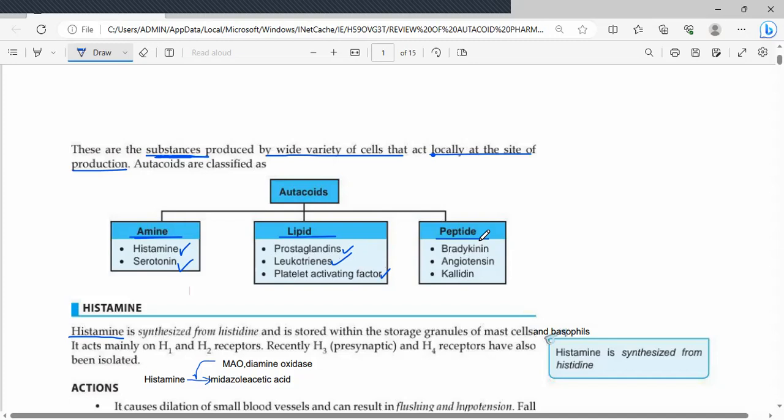They can either be vasoconstrictive or vasodilate. They are either vasoconstrictor peptides or vasodilator peptides. But today we are just focusing on histamine.